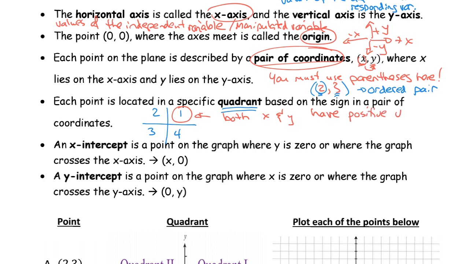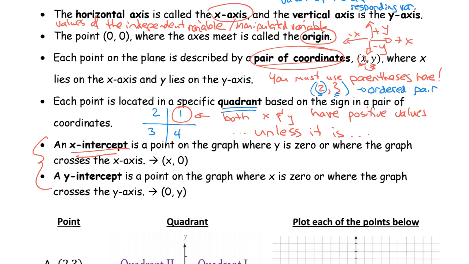And we're giving precedence to that quadrant because of that. And then we go around counterclockwise. So each point is going to lie in one of those quadrants, 1, 2, 3, or 4, unless it is an intercept of some sort.